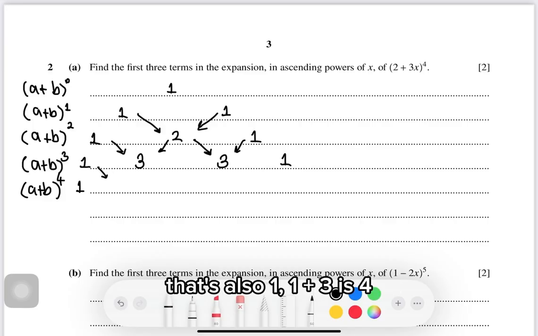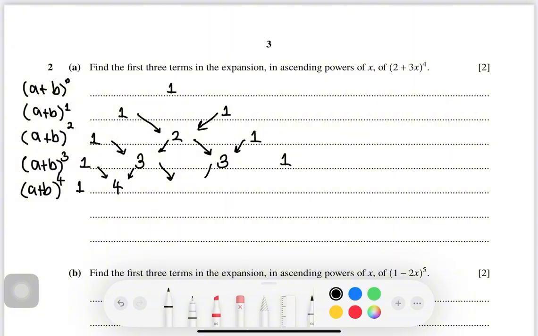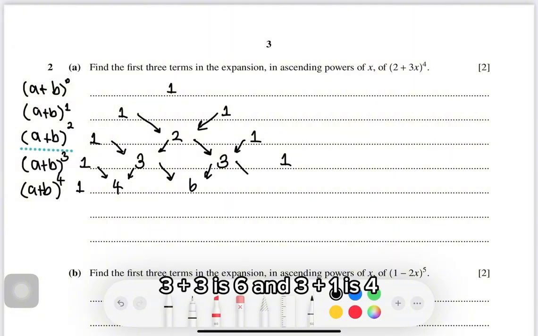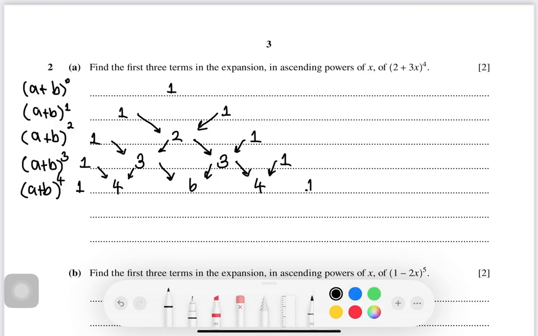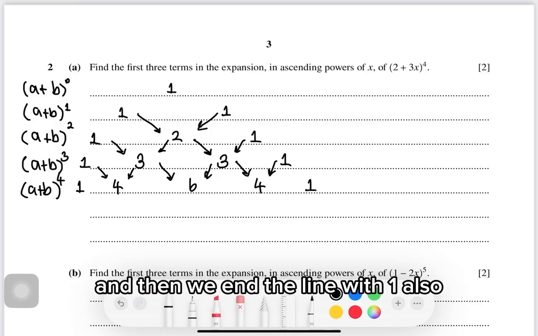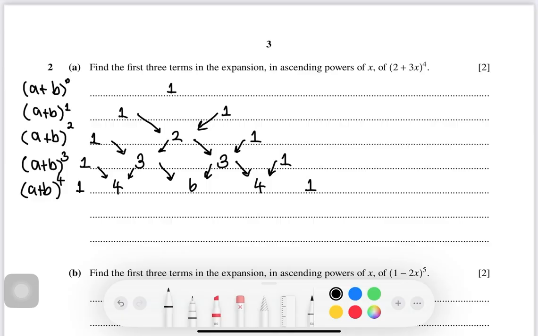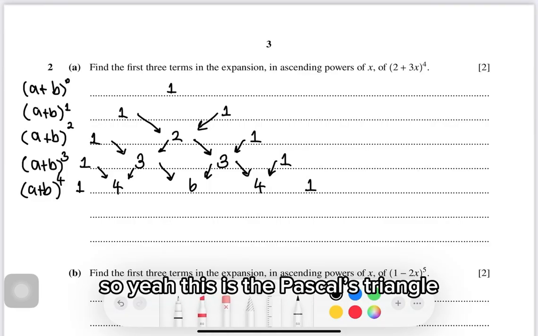That's also 1. 1 plus 3 is 4. 3 plus 3 is 6. And 3 plus 1 is 4. And then we end the line with 1 also. So yeah, this is Pascal's triangle.